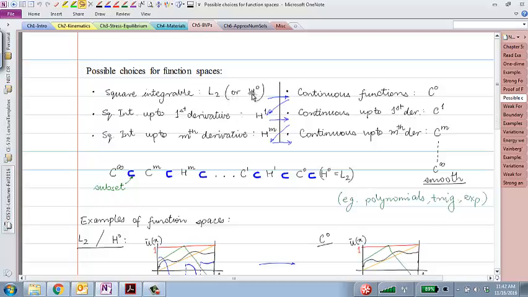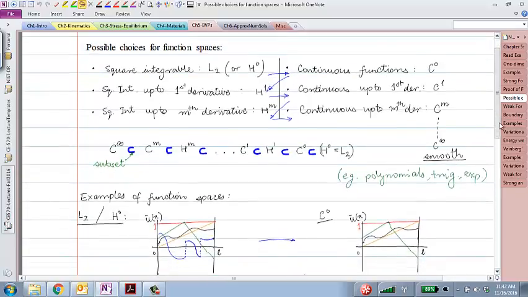The same space is also sometimes called the H0 space, where the 0 denotes the zeroth order derivative, which means the function itself has to be square integrable. I can restrict that space and look at only continuous functions.